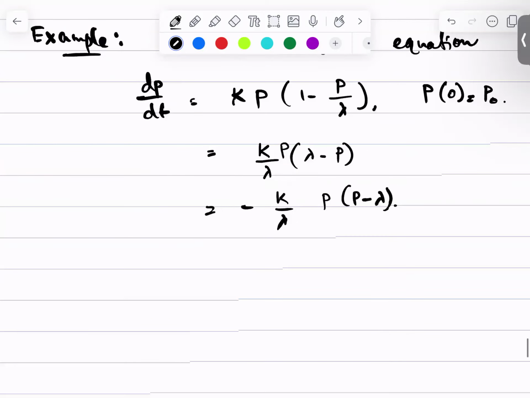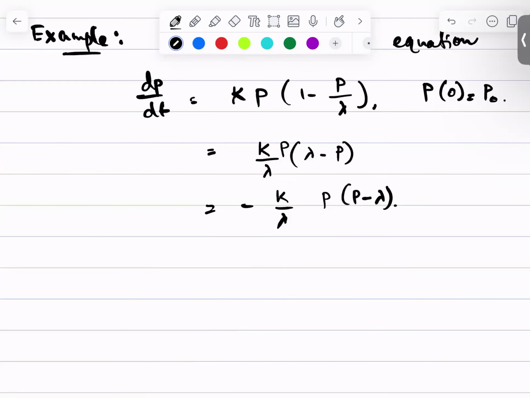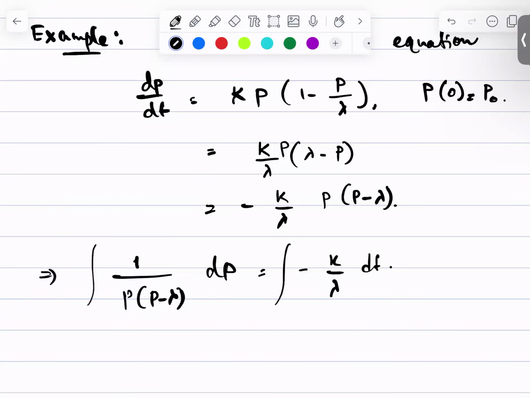You'll see later why I have done this. Then I can separate out the P part on the left hand side and the rest of it on the right hand side, and then do the integration.